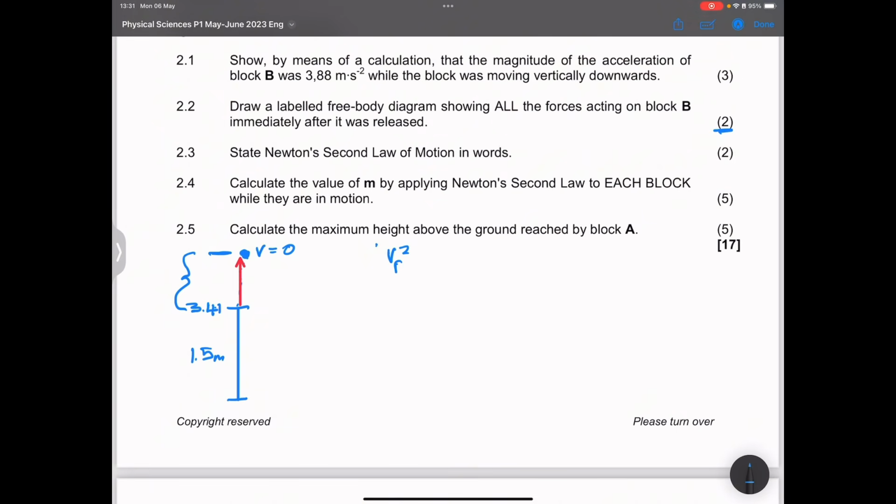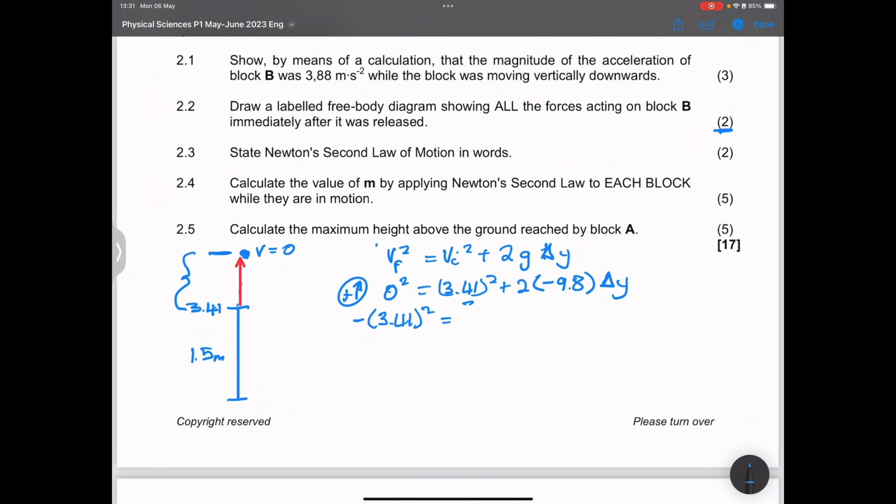I'm going to use the same equation: Vf squared is equal to Vi squared plus 2 times g, this time, delta Y. Final velocity is 0 squared, initial velocity 3.41 squared plus 2 times, and please note, I'm considering upwards motion as positive, but gravity always acts vertically downwards, so this would be minus 9.8, and I'm looking for that displacement. So I take this to the other side: minus 3.41 squared equals 2 times negative 9.8, that would be negative 19.6 delta Y.